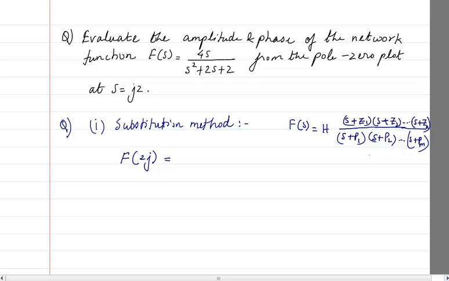Now when I am saying into this form, even if the denominator and numerator are some polynomial, that is also okay. For which method? For the substitution method. So what we do is, first let me write this as that.